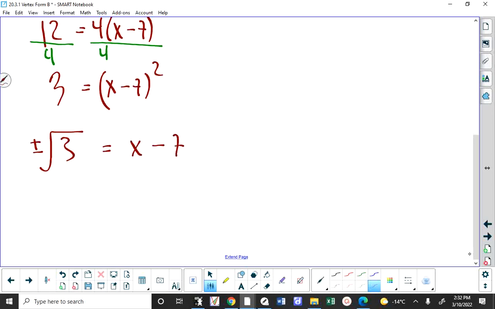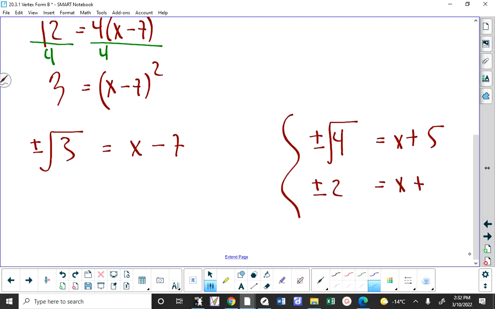In the previous question, you don't have to write this down. I'm just writing it down for you to look at up here. In the previous question, we had plus or minus root 4 equals x plus 5, yes? And then I wrote plus or minus 2 equals x plus 5, right? So I went from plus or minus root 4 to plus or minus 2. What should I change plus or minus root 3 to? What should I write?